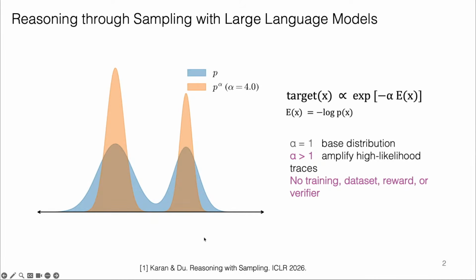And one thought is if we draw samples from this distribution p to the alpha, this will accentuate things that the model is very confident in. So you can imagine that this can improve the reasoning performance of the language model. But essentially, it just becomes trying to sample from this distribution exp(negative alpha times E of x).